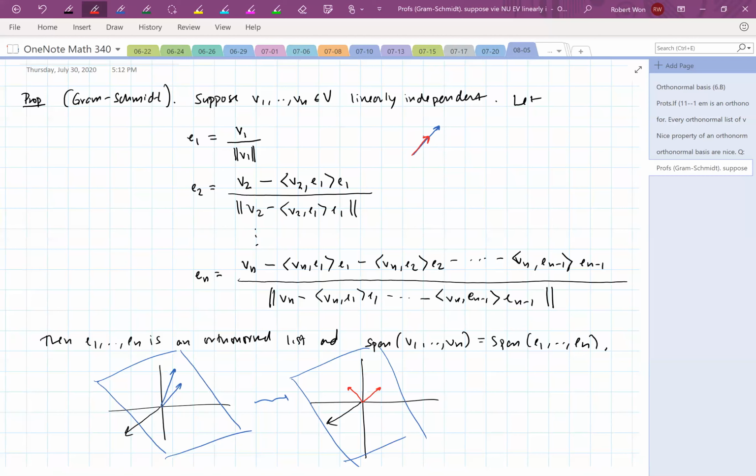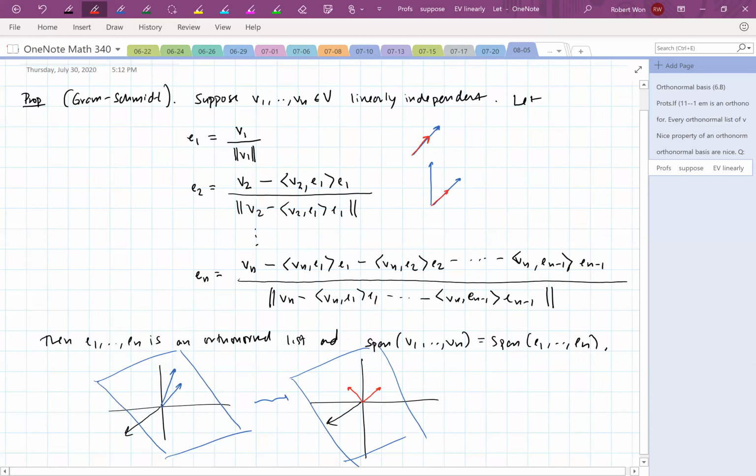Probably not that well, but at the next stage, our original vectors were, say, V1 and V2, like this. Then we had E1.